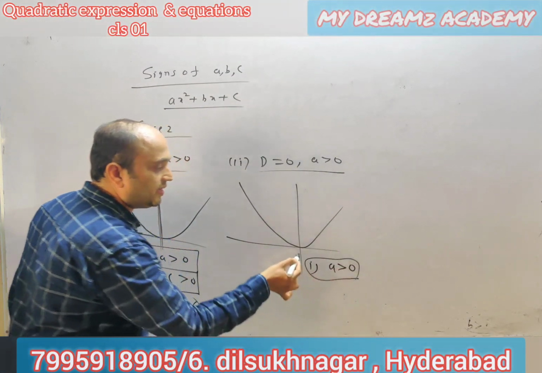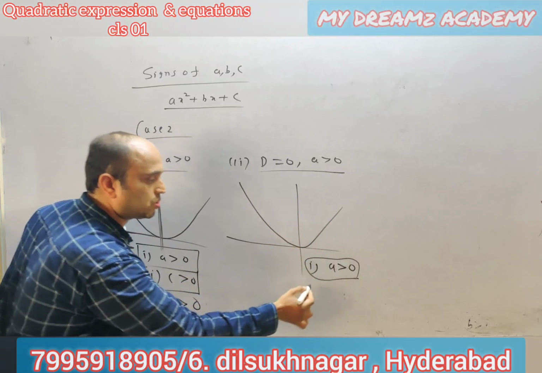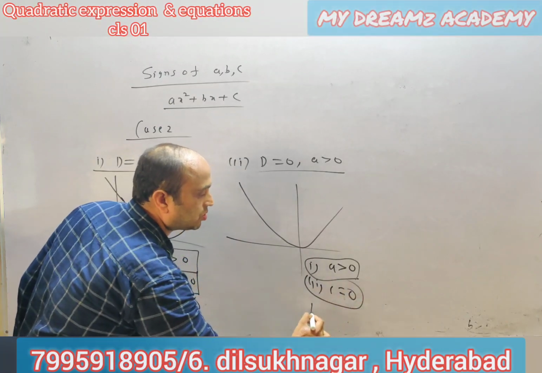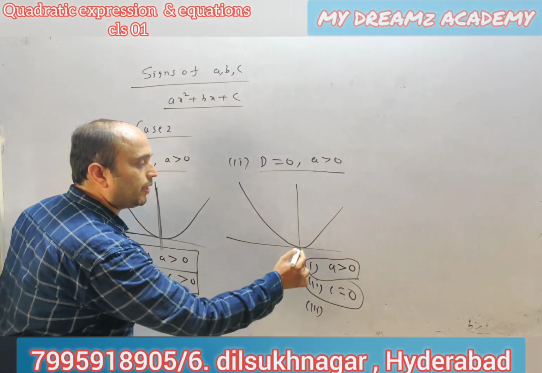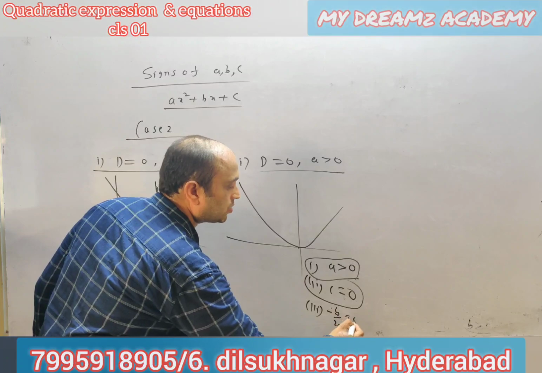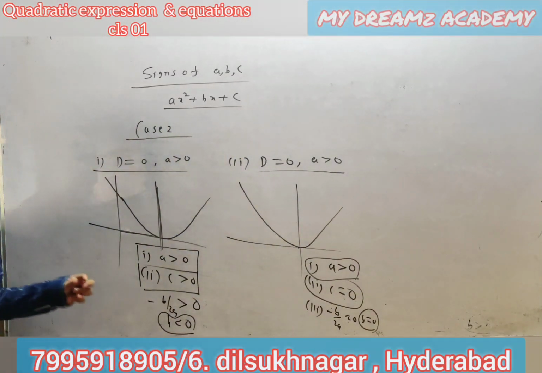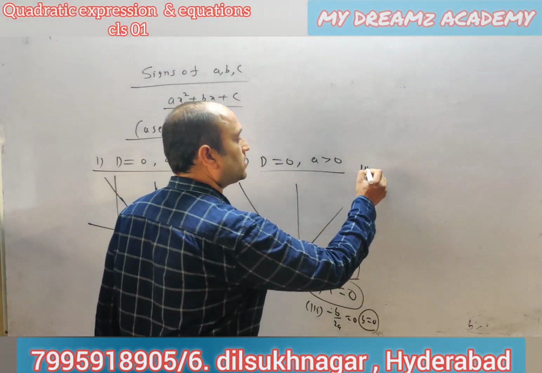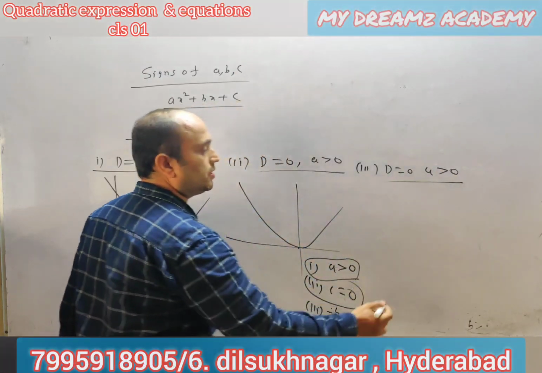There is no y-intercept on the y-axis, so c is also 0. Third, x equal to minus b by 2a is also 0, so b equal to 0. This is the case for discriminant equal to 0 and a greater than 0.